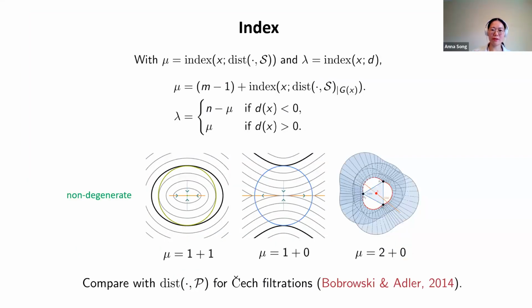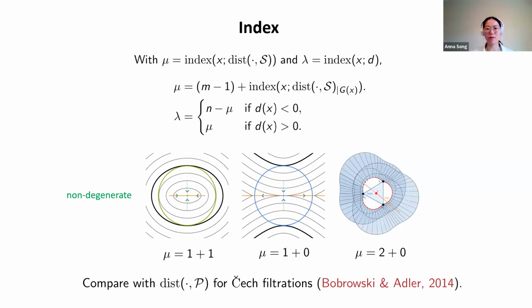However, if you are respecting these conditions, then you are non-degenerate and you can define a notion of index. So for the pure distance function, the distance to the surface, if you call mu the index, it involves two terms. The first term is the dimension of the subspace spanned by the contact points. So in the left example, you have two contact points, which means the first term becomes 1.